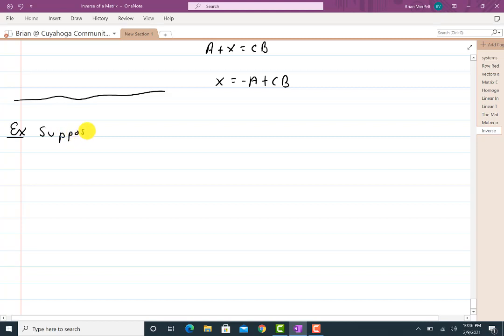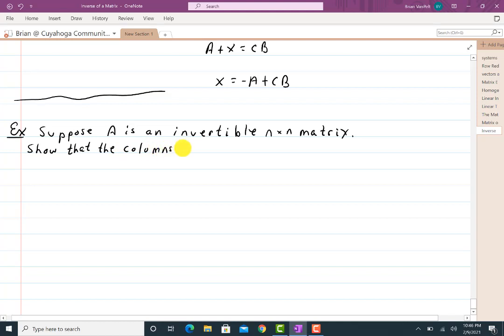Suppose A is an invertible n by n matrix. Show that the columns of A are linearly independent.